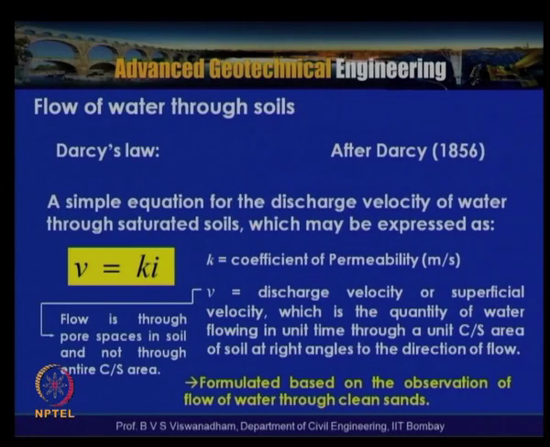This can be measured either in the laboratory or in the field. V is the discharge velocity or superficial velocity, which is the quantity of water flowing in unit time through a unit cross section area of soil at right angles to the direction of flow. The flow is actually through the pore spaces in soil and not through the entire cross section area.